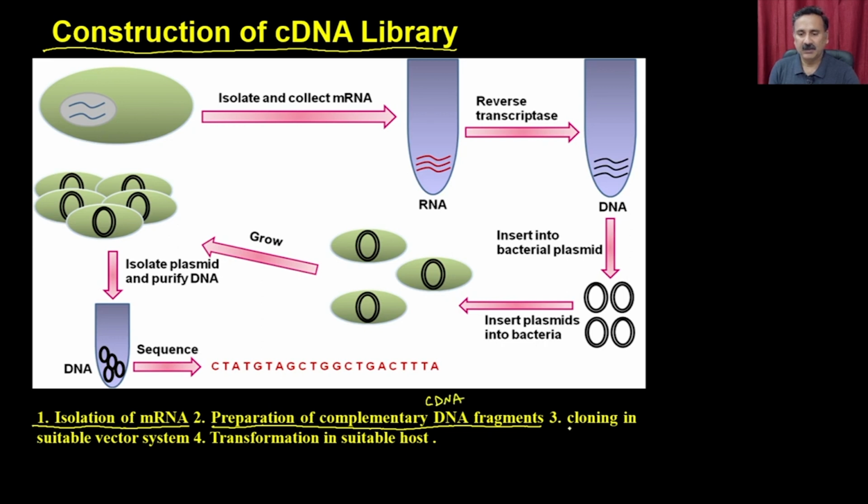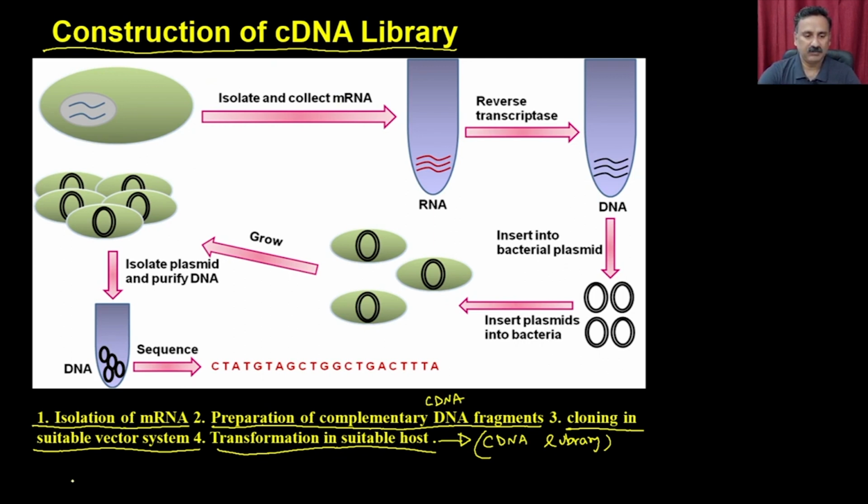In step 3 you clone that into a suitable vector system, and in step 4 you transform that into a suitable host so that you can prepare the cDNA library. A cDNA library is a collection of clones which show you the expression status of that particular cell. First, you have to break open the cells and isolate the messenger RNAs.